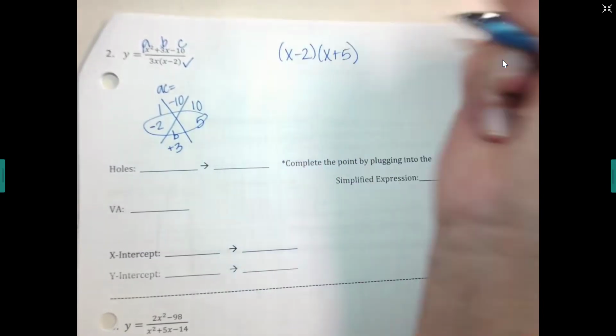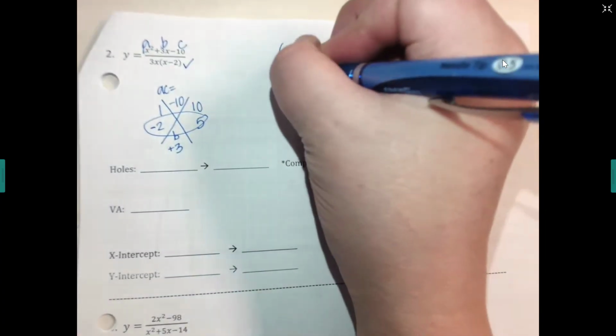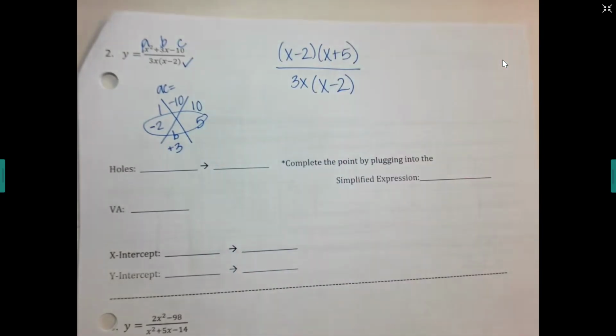I'm doing a -2, a +5, and then remember, the bottom was already done for me. I didn't have to do the bottom. I see that it's a 3x and an x minus 2. Okay, you're looking for the repeat. Repeats create holes.